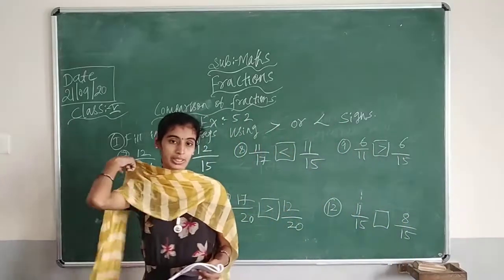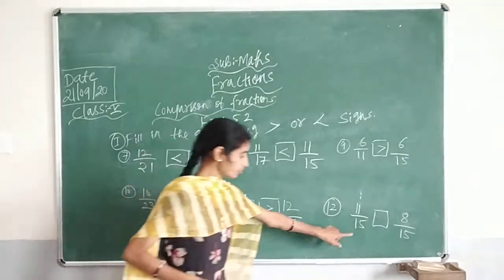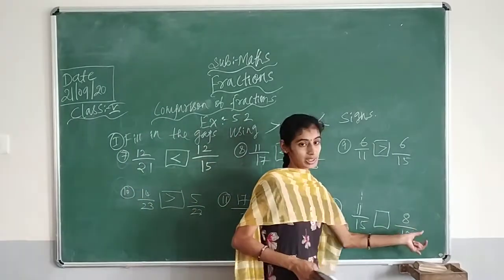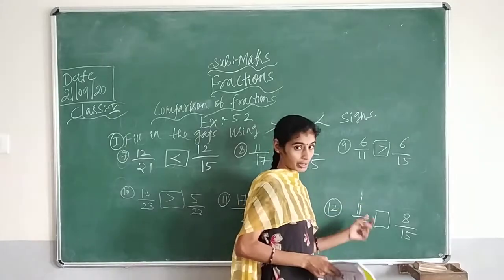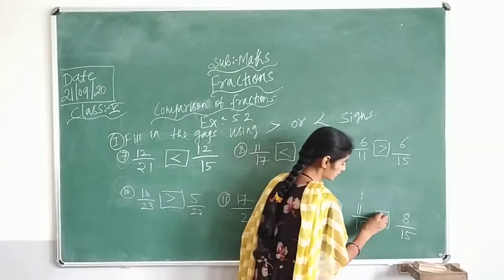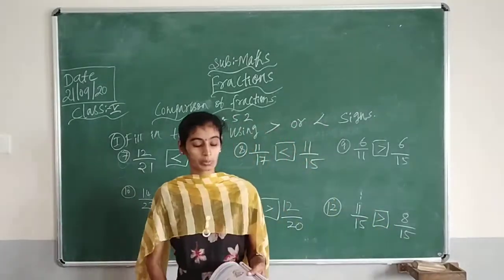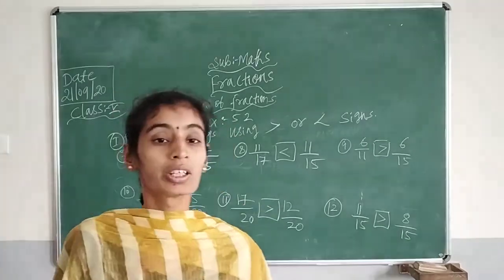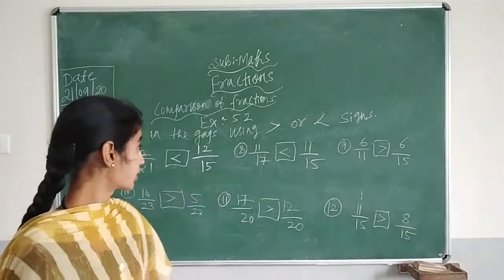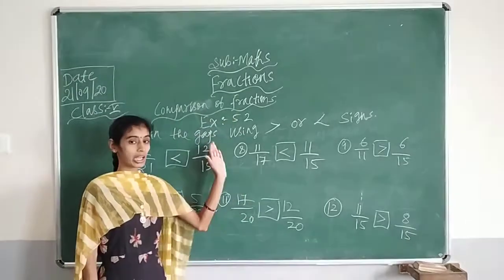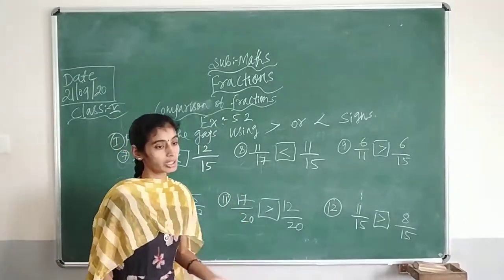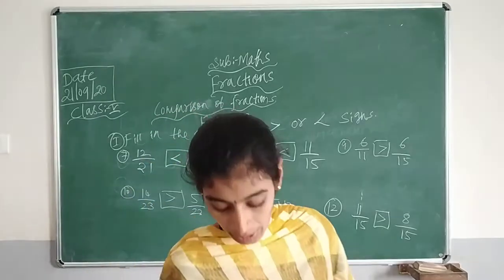So here also you can see children, denominators are same. So in numerator you have to choose the greatest value. So 11 is the greatest value. So make the open angle that side. So this is all about the comparison of fractions. How to compare. Okay. I hope children you all understood.